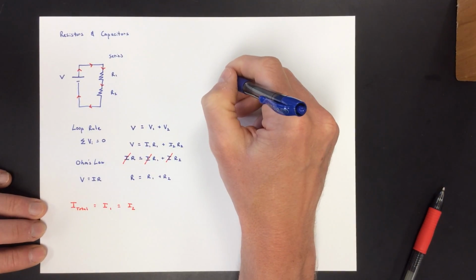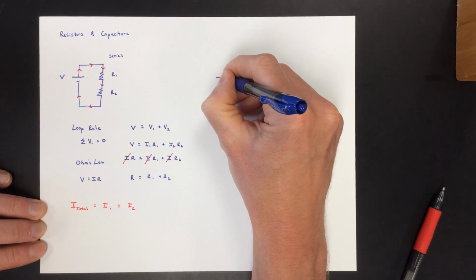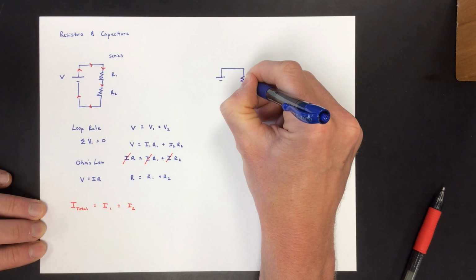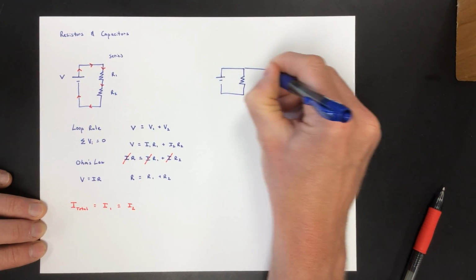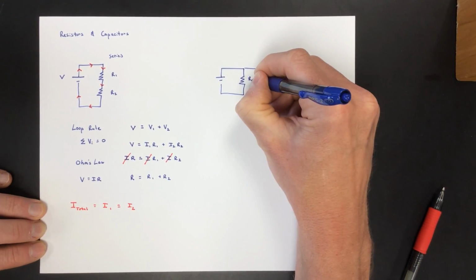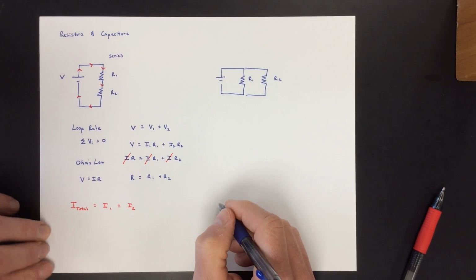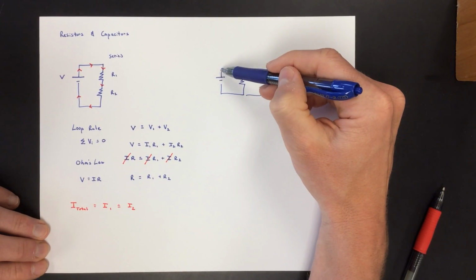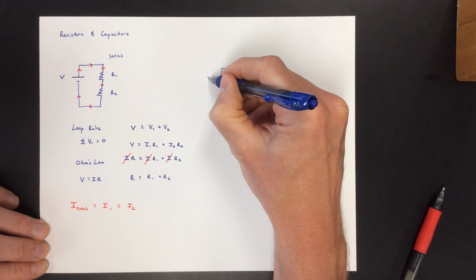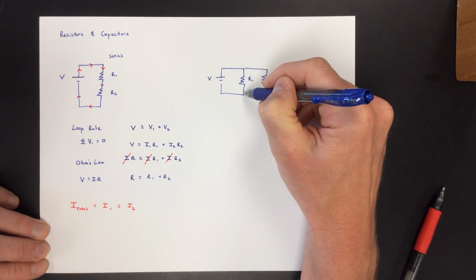Okay, now let's do it in parallel, and I can show you why they add that way if they're in parallel with each other. So this is R1 and this is R2, and here we could use the loop rule again to show that this voltage gain, if I do this loop, has to equal that loss.